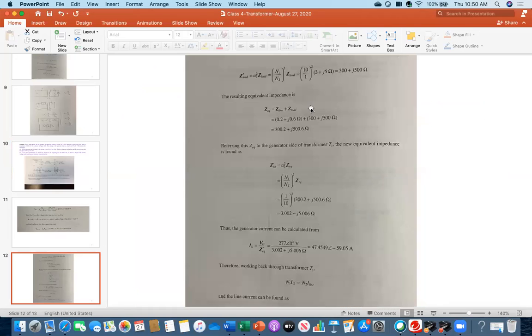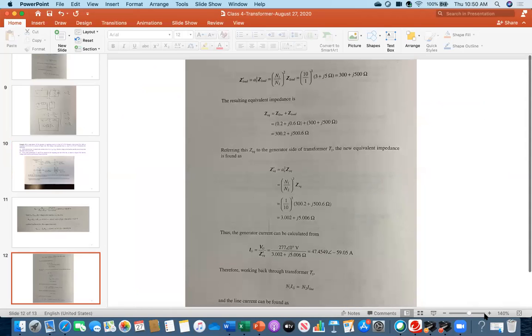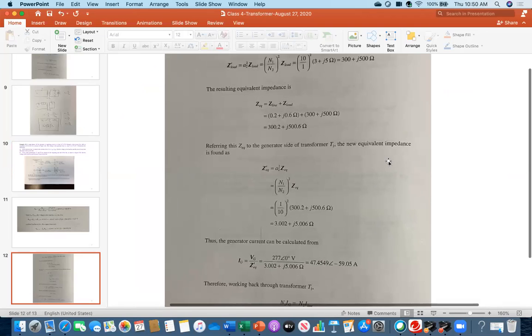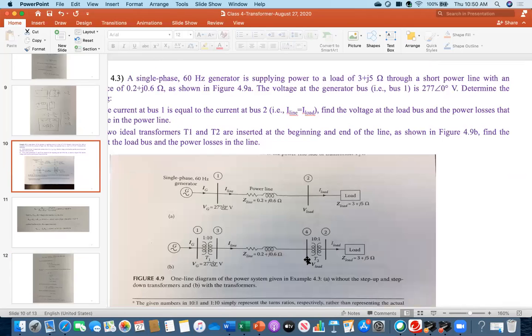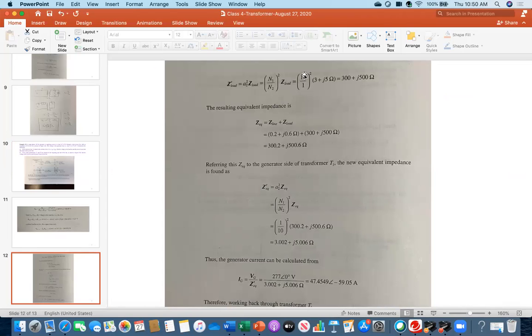So now see the solutions of the first part. Z load prime is a squared Z load, that we learned. This means N1 over N2 squared. For this transformer, it is 10 over 1, it is given. So 10 over 1 squared times 3 plus j5.